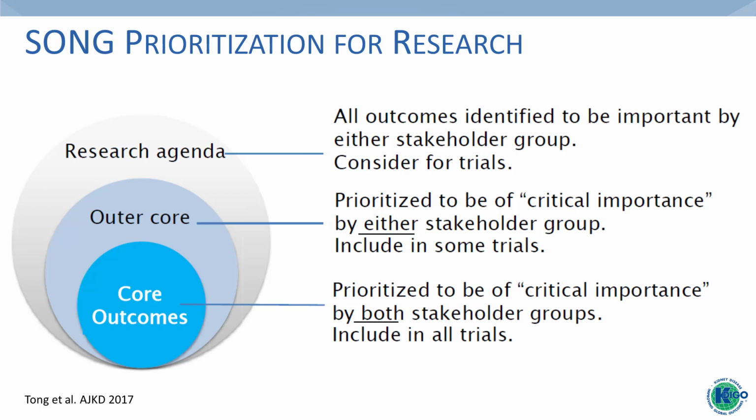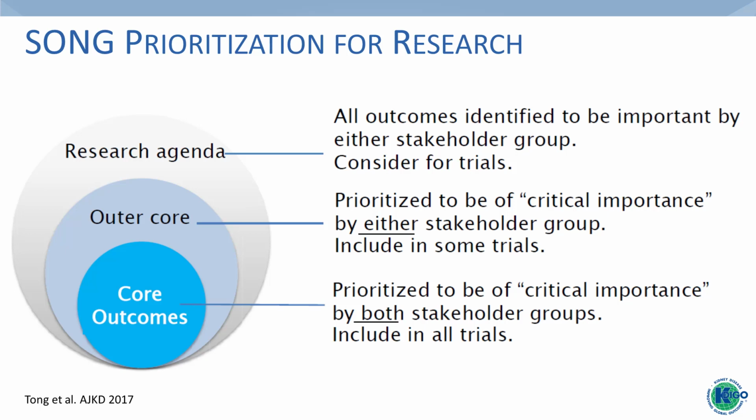Here it looks like there are 2 stakeholder groups, but in fact, there are the patient stakeholders, the clinician stakeholders, and then there can be other stakeholders such as administrators or funders, and their input is also very welcome in the SONG process. They look at these core outcomes that are prioritised to be of critical importance by both or all stakeholder groups.